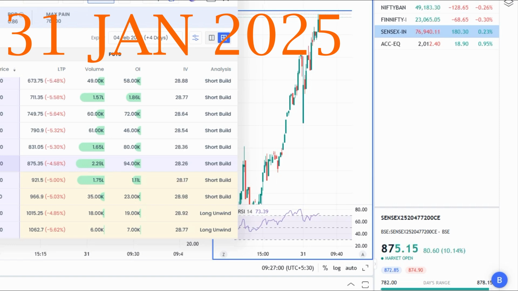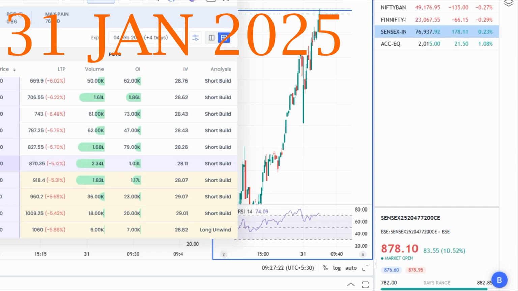See, in Sensex options we should put our target earlier only. Why? Because after going there we can't catch up due to the volatility. That's why the target order has to be placed before only. 879.